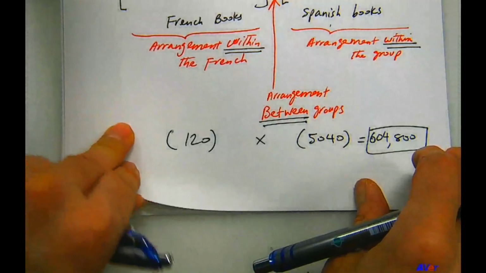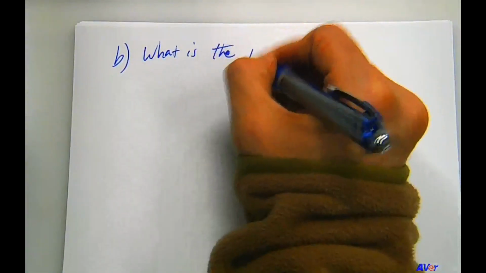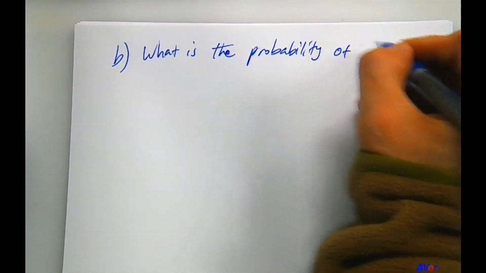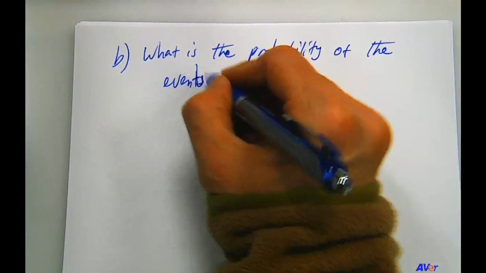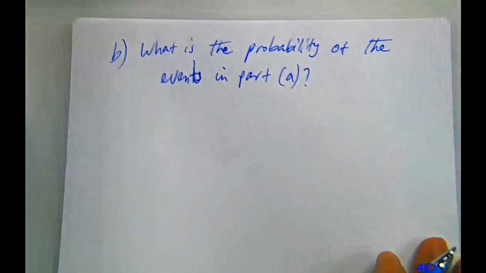So let's look at another question about the same scenario. We want to know the probability. So we just counted. Part A was just counting the number of events that fit that category. So for part B, we want to know the probability of the event in part A, right?